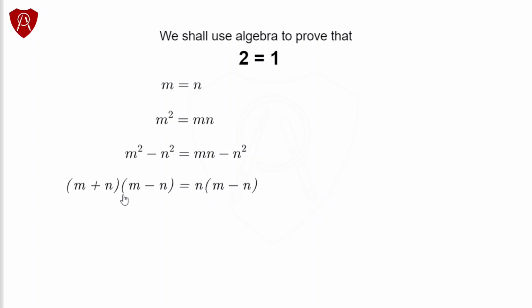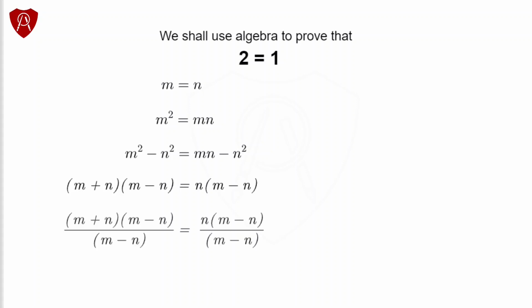Let us now look at both left side and right side and note that this bracket or this factor is a common factor, and therefore we can divide both sides by (m minus n). Again, convince yourself that we are doing the right thing at every stage. Now we're going to cancel out the (m minus n) because it is a common factor.